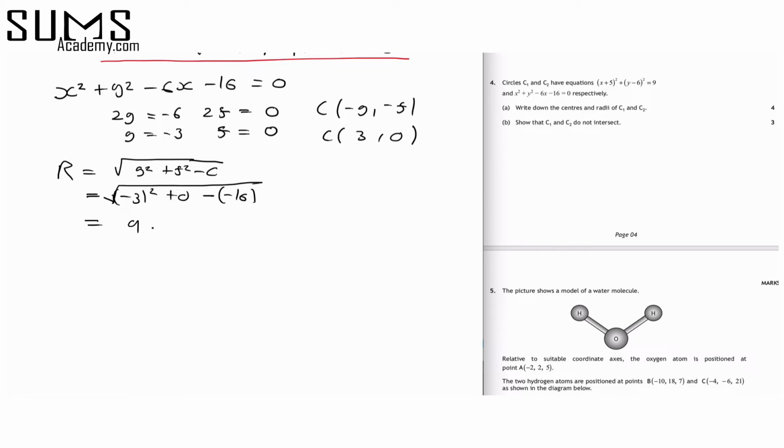So 9 plus 16 is root 25, which is just 5. So the radius is equal to 5.